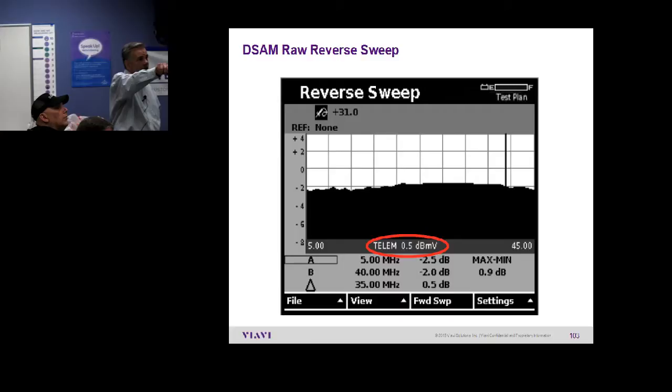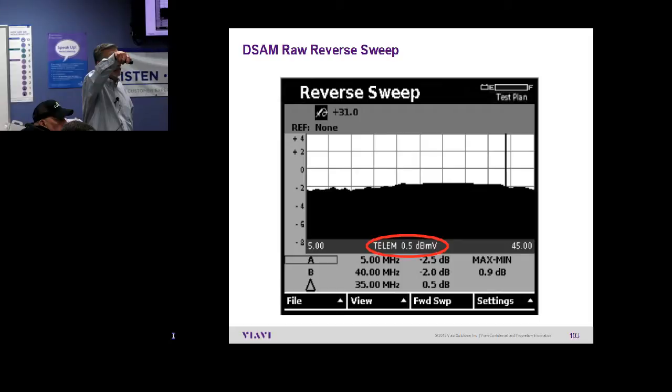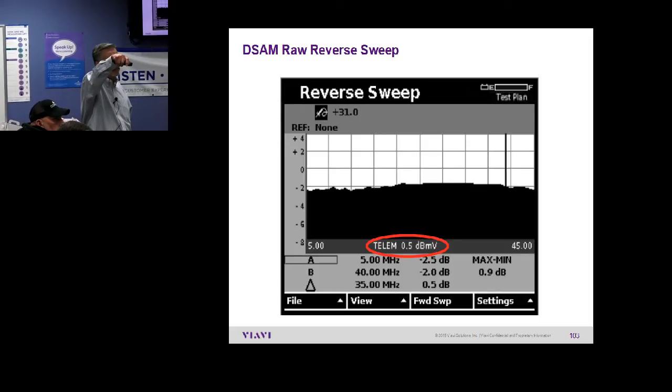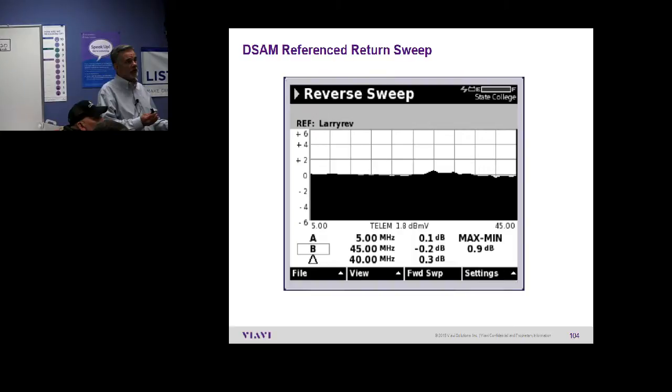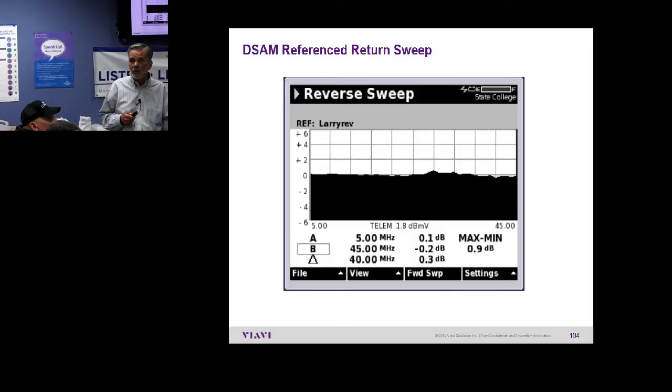I'm going to store that reference, and I get a flat line just like I did in the forward path. And as long as you inject those same levels at each return amplifier, and you set that sweep trace on the 0 line, your input levels to the next amp in cascade in the return path are going to be correct.